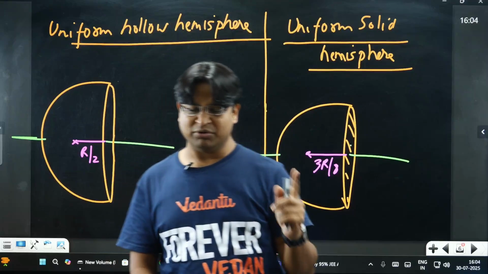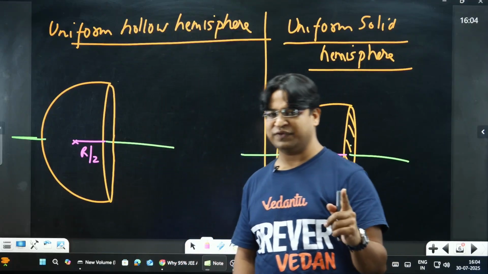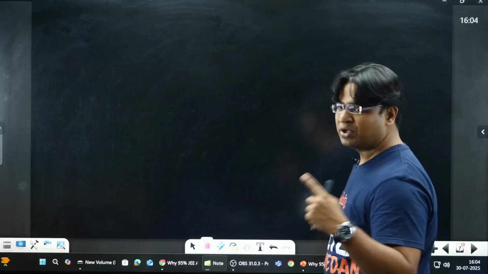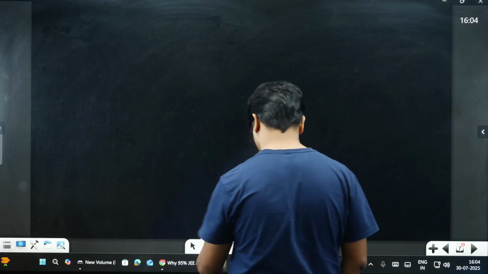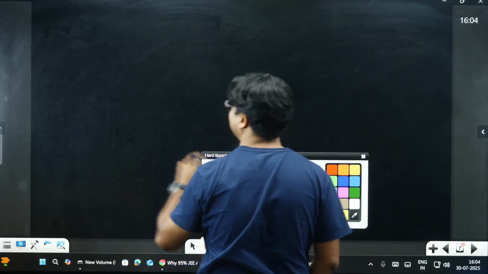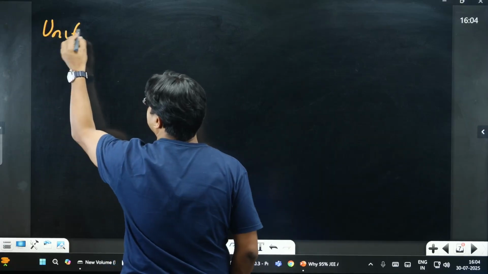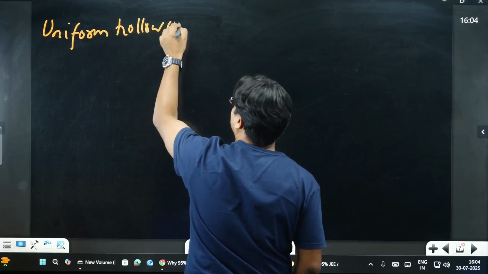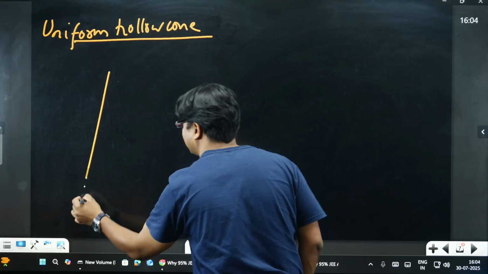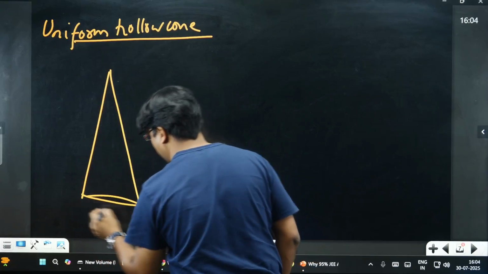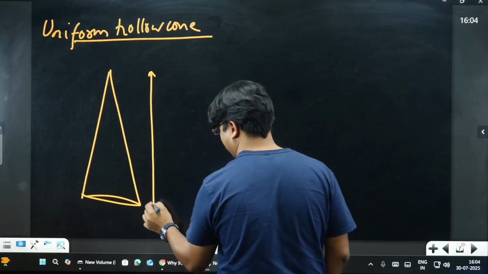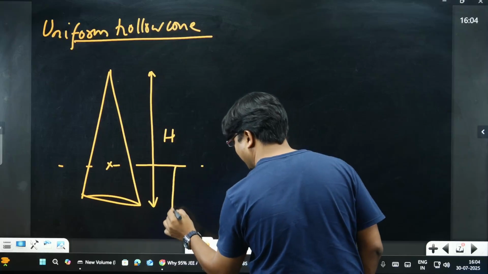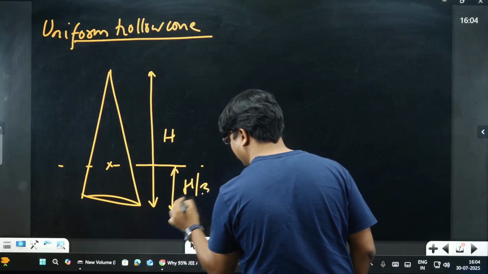Okay, so we have talked about a half ring, half disk, hollow sphere, hollow hemisphere, solid hemisphere. What next we can talk about is a uniform hollow cone. For a uniform hollow cone, the location of the center of mass is at h by 3. If this is the height, then the center of mass is at a distance of h by 3 from the base.